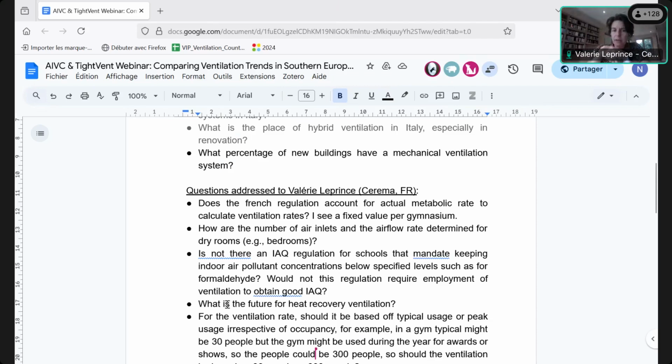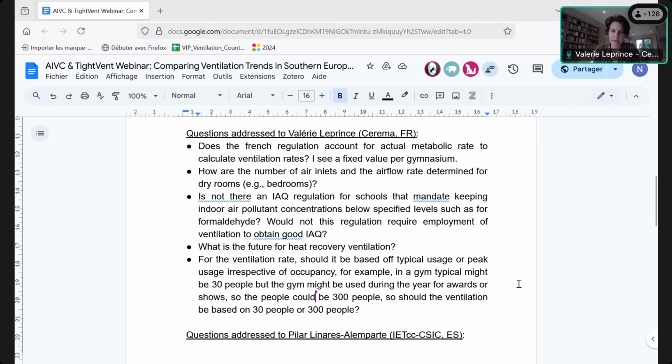Theoretically, yes, it should lead to installing ventilation systems in schools, but it is not required. So your action plan can just be, oh yes, well, let's open the windows a bit more or change something. So it's not a direct requirement, but it will hopefully help people realize that we do have a problem of indoor air quality in schools because now we are measuring it.